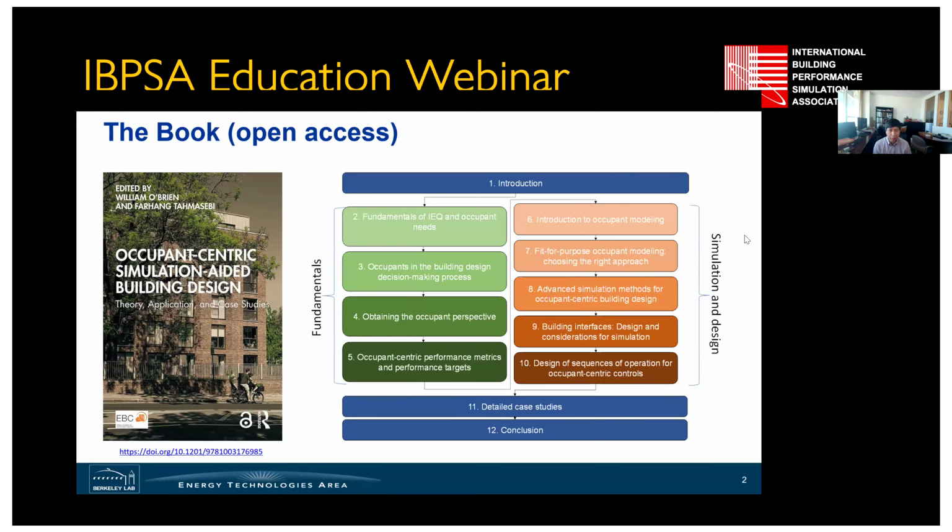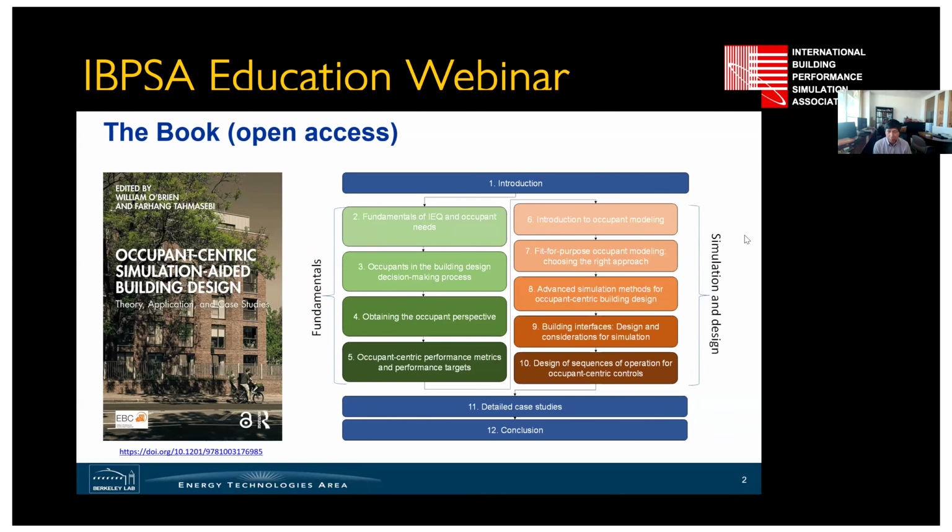So there's a lot of effort put into the book, and there are 4 chapters of fundamentals in the book. As you read from the screen, there's a chapter about fundamentals of indoor environmental quality and occupant needs. There's a chapter about occupants in a building design decision-making process, and a chapter about how to obtain those occupant perspectives.